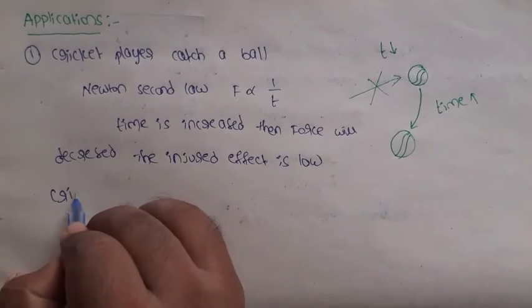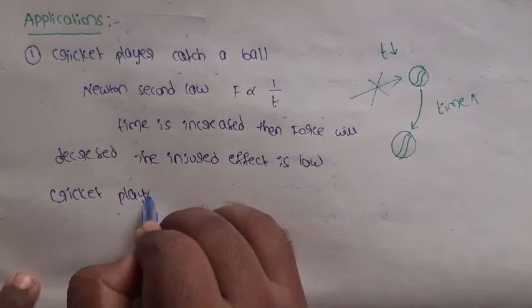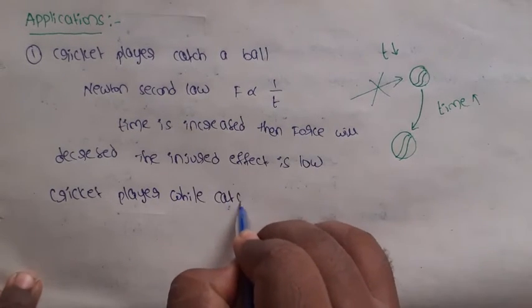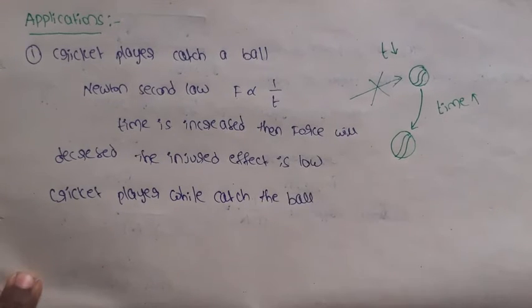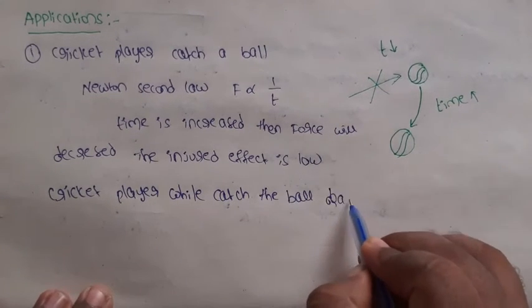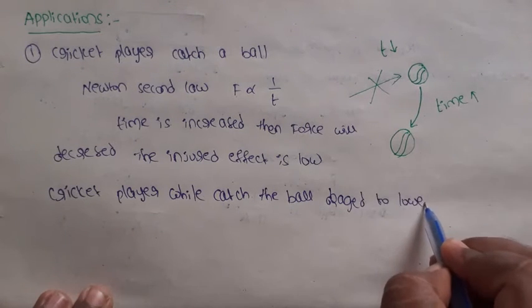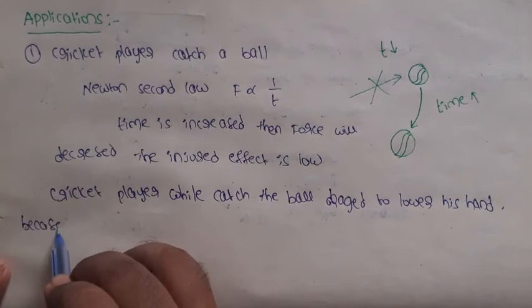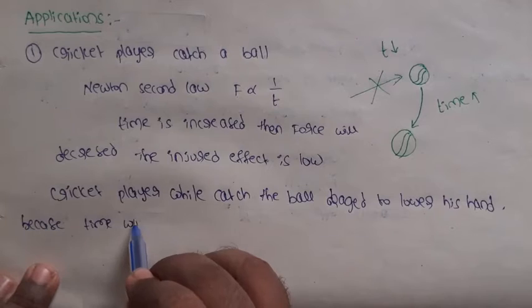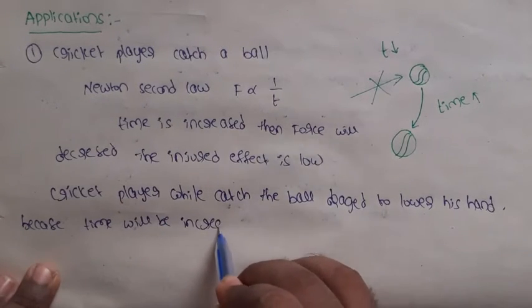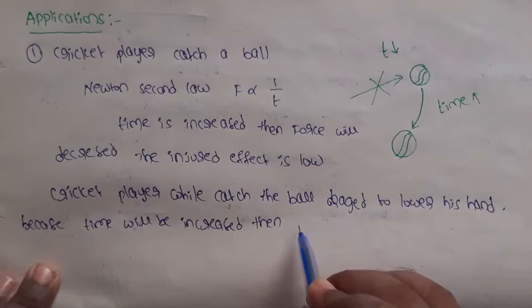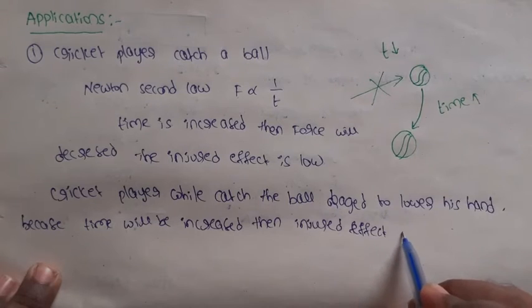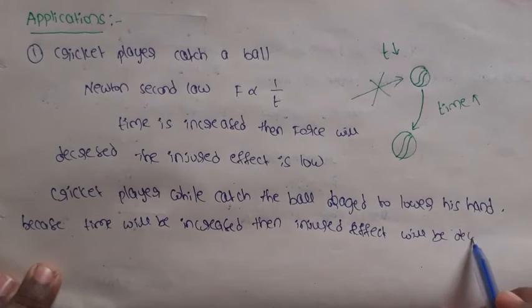A cricket player, while catching the ball, drags his hands lower because time will be increased, then the injury effect will be decreased.